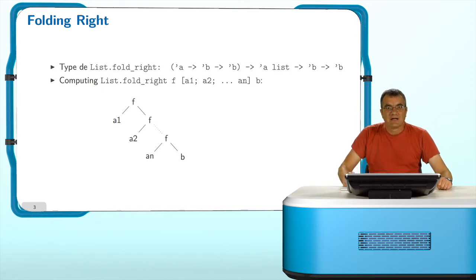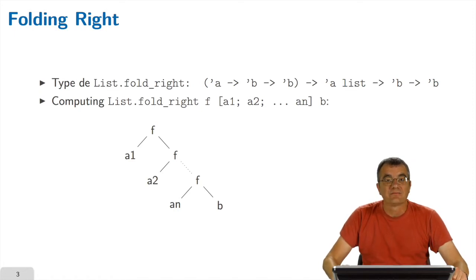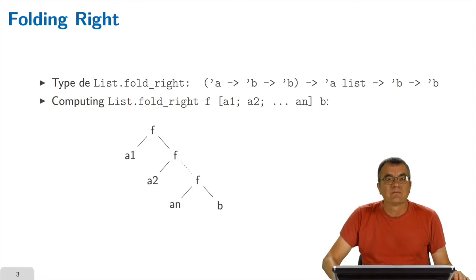This would be applied to an alpha list, and finally we also need some value used at the end, which is always necessary since our folding operation might be applied to an empty list. What we provide at the end is the result returned in case of an application to the empty list. So finally we have a constant used as the last argument of the applications of f. To understand fold right, just keep this picture in mind to explain what this operation does.